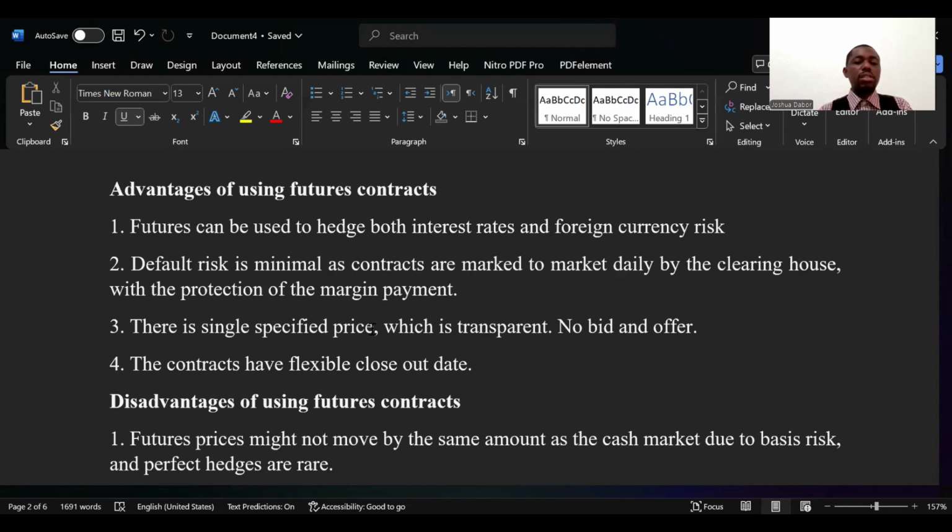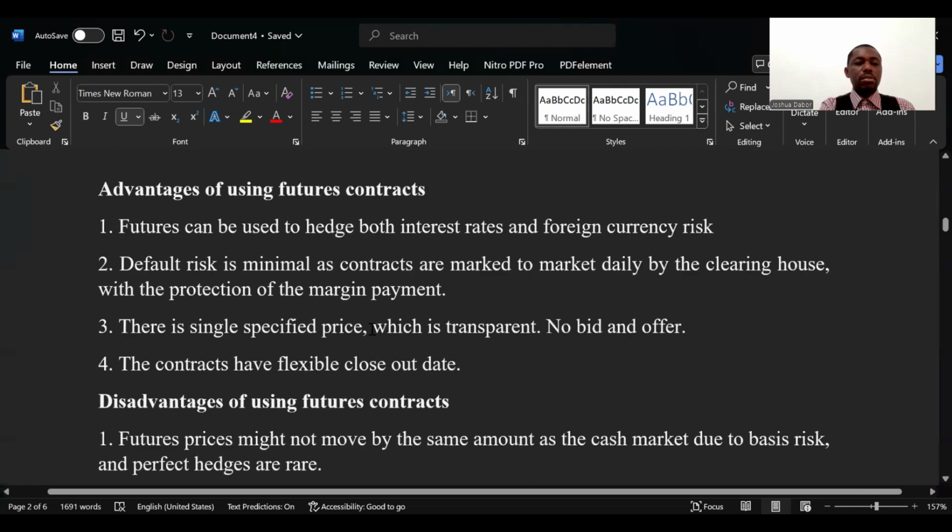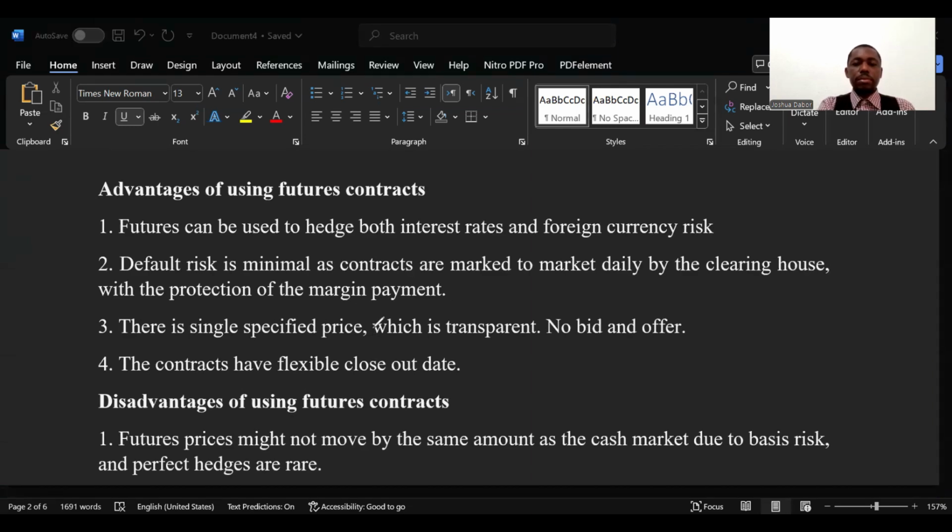The second is that default risk is minimal, as contracts are marked to market on a daily basis by the clearinghouse. So what does this word mean, mark to market? It means that the transactions are closed out at the end of every day.